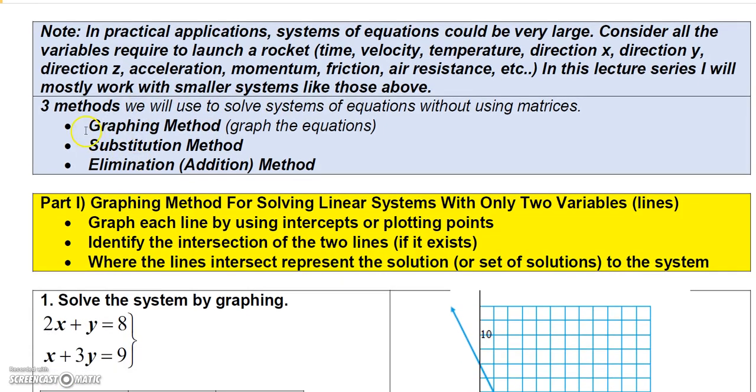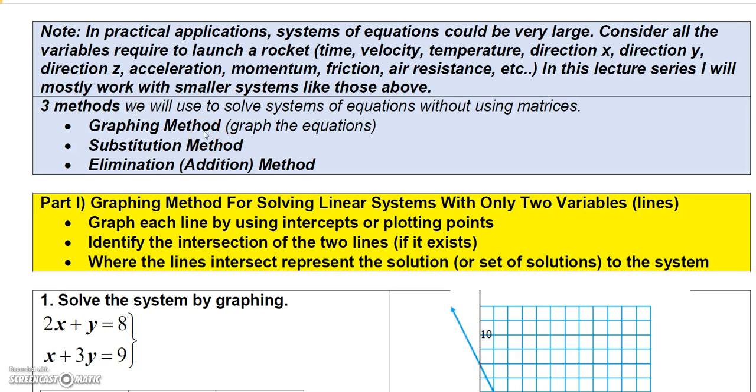There are three methods that you can use to solve systems of equations, and this is without matrices. You can actually graph the systems if they're only two variable systems, because then you can graph them in 2 dimensions.